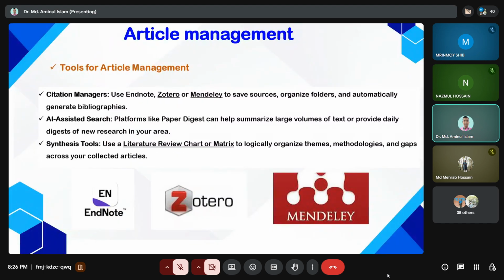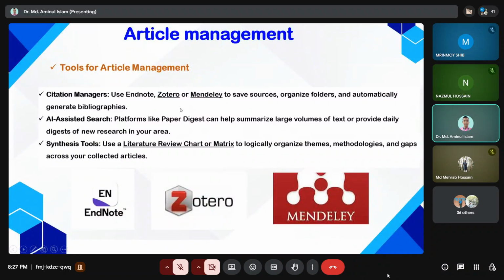Then you can save these collected articles using reference management software. There are several reference management software, for example, EndNote, Zotero, Mendeley, to save your articles, organize folders, and automatically generate bibliographies. These are important tools for writing a manuscript, and you can instantly cite and produce bibliographies.